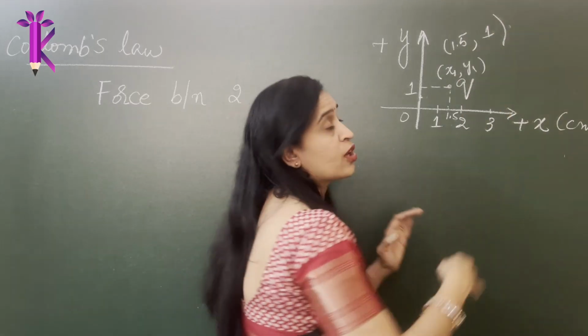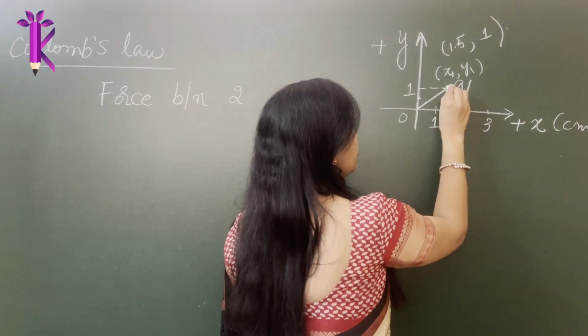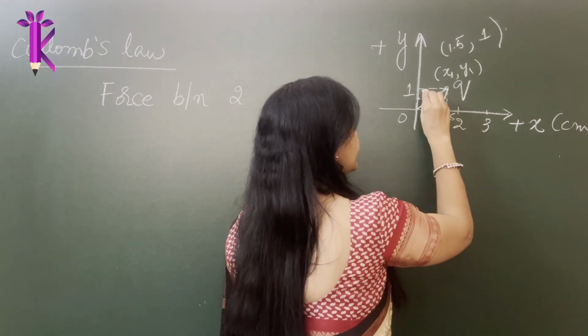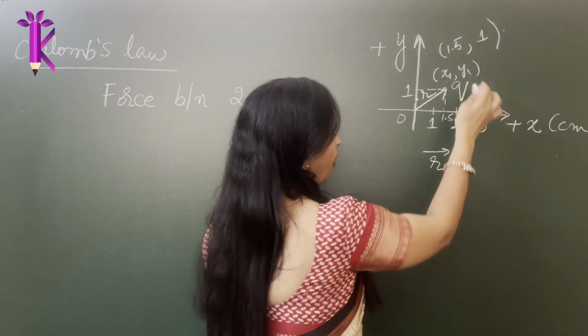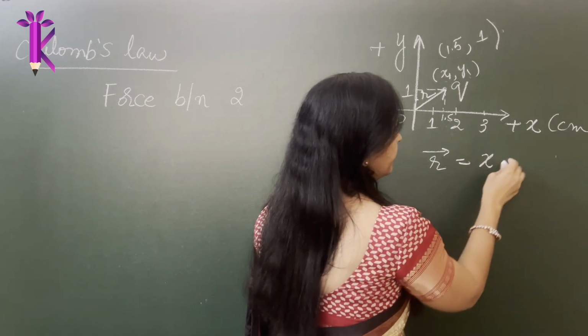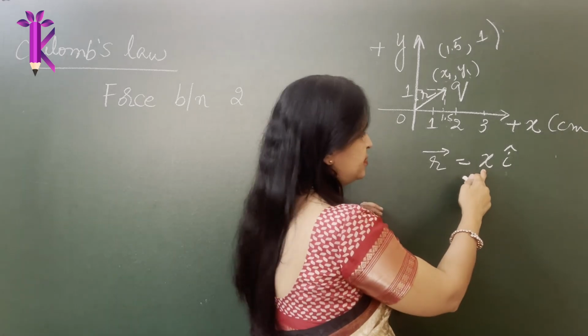So this becomes your coordinate position, or in general, if you are doing it with a vector, we define a vector r, where vector r is given using these coordinates, x into i cap, where i cap tells you the direction and x gives you the value.